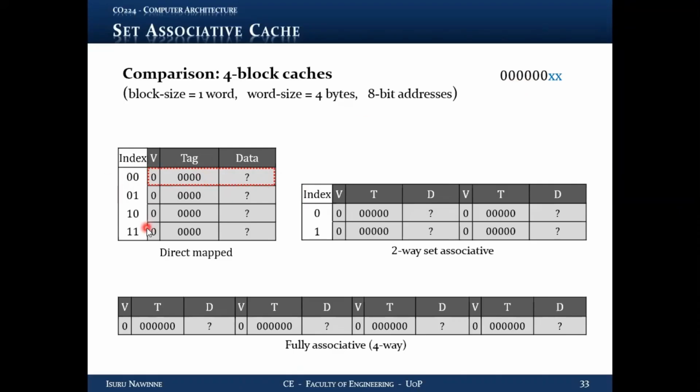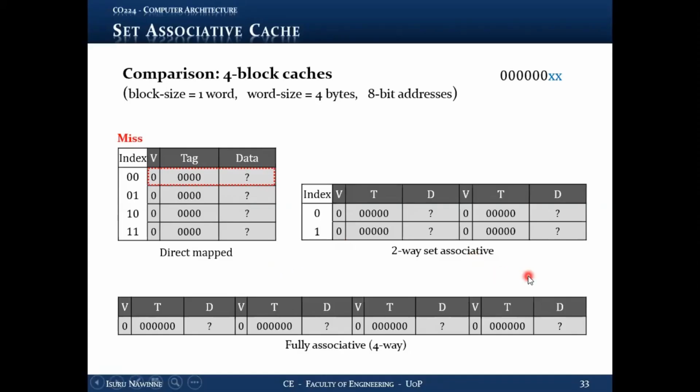So that is why we need the valid bit. Tag is matching, but valid bit is 0. So at the very beginning, the data doesn't mean anything to us, right? So it's some garbage or random data. So the valid bit is cleared. So this is going to be a miss in the direct mapped implementation.